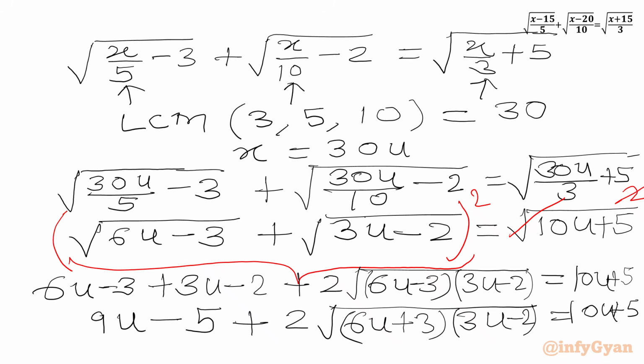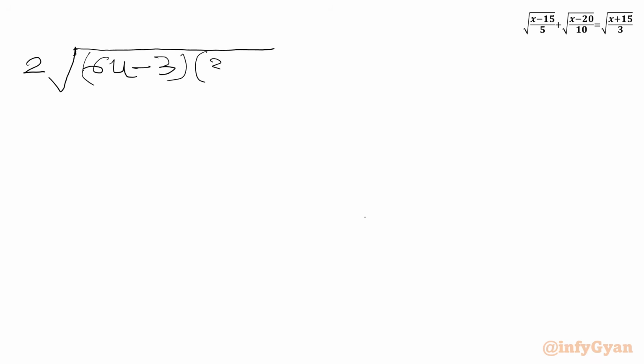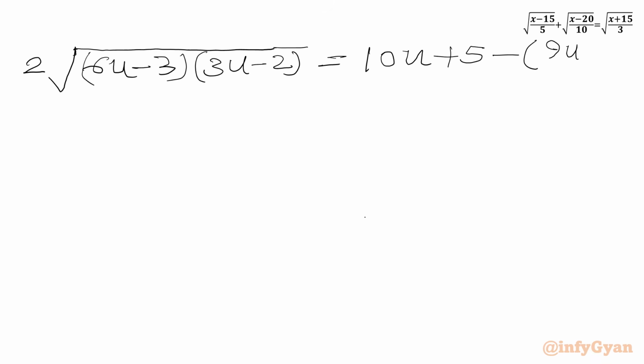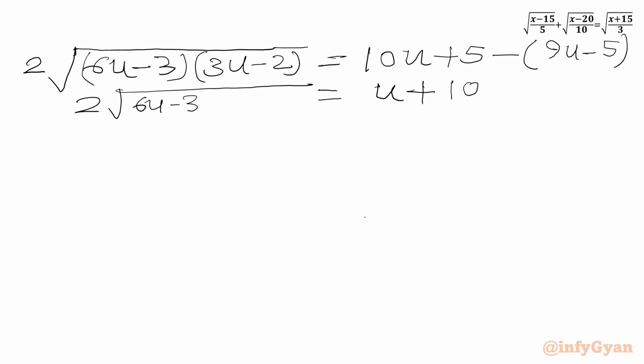So we get 2 times square root of 6u minus 3 times 3u minus 2 equal to 10u plus 5 minus (9u minus 5). So the RHS becomes 10u minus 9u, u, and 5 plus 5, 10. So in the LHS we write 2 times the square root of 6u minus 3 times 3u minus 2.